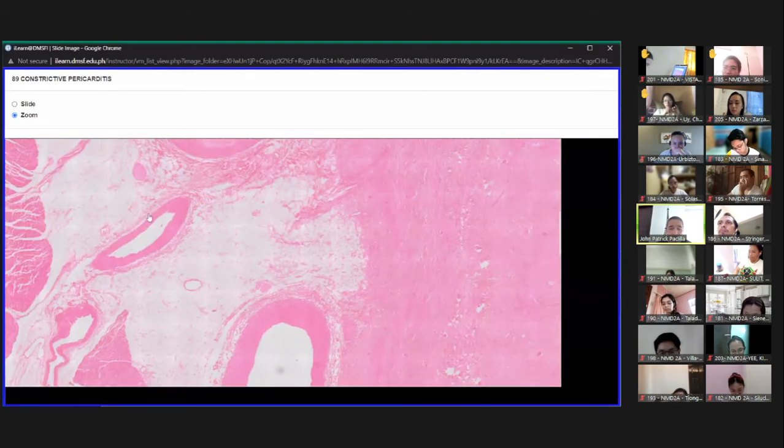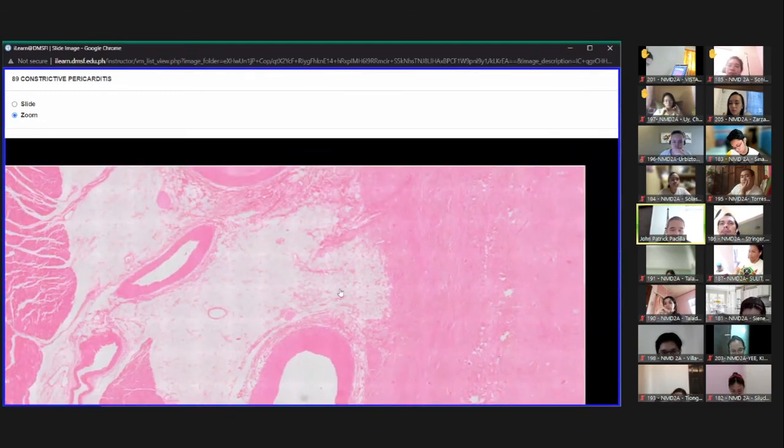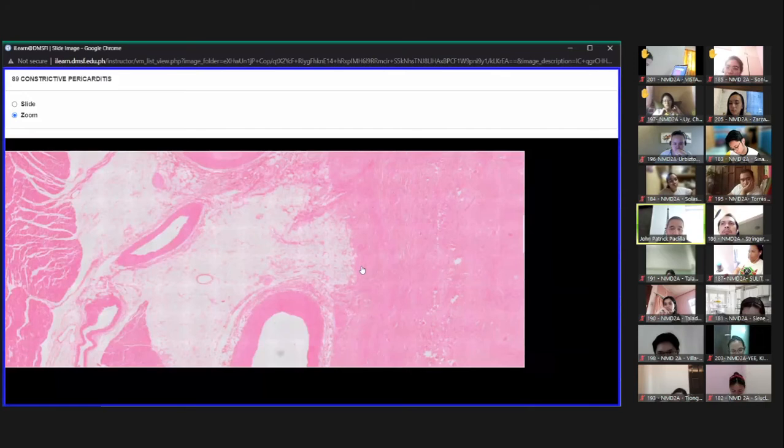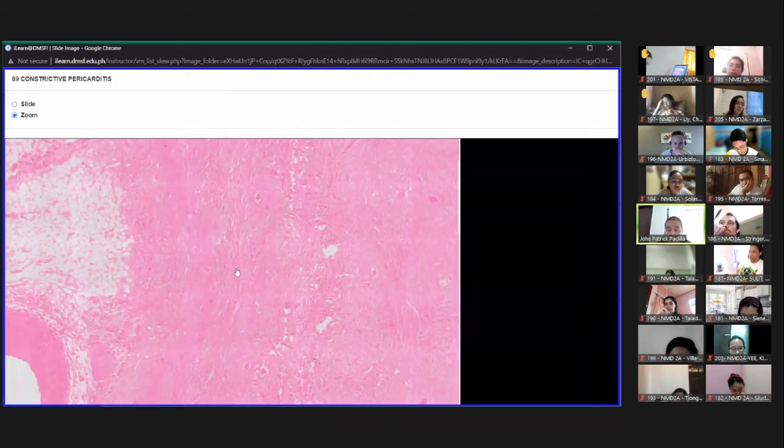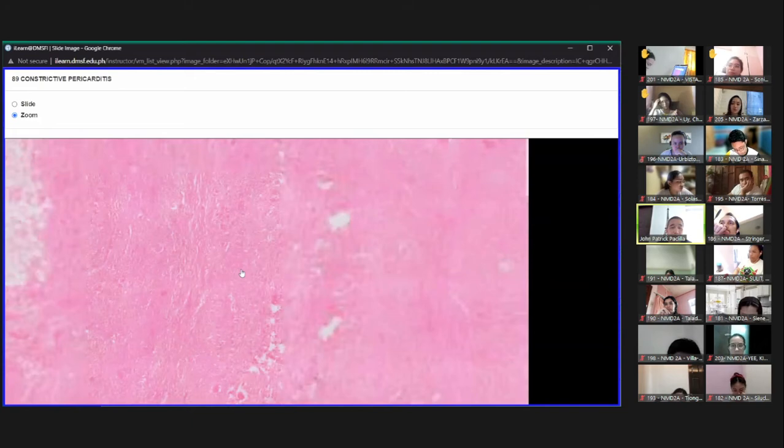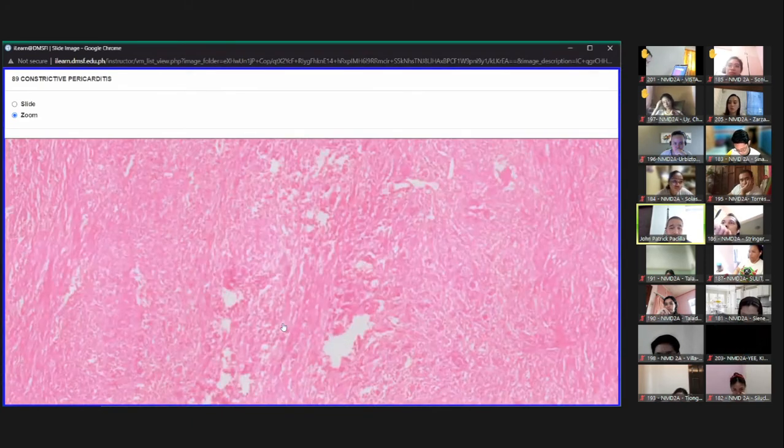And then you would see the presence of the blood vessels. So, but in this particular slide, you would notice that the pericardium is very thick, encompassing from this particular area up to this portion.